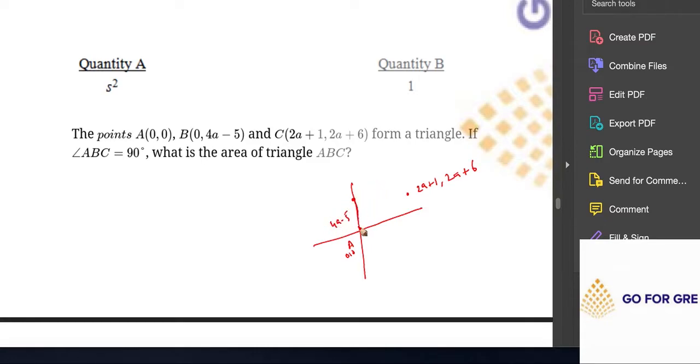Now further it is telling us that angle B is 90 degrees.